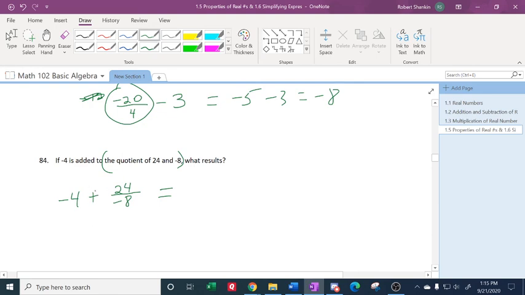This addition is the only thing that divides the two terms. That's a negative sign, not a separator, not a subtraction. Okay. So then this is negative 4 plus, and this reduces to negative 3. And that total is negative 7.